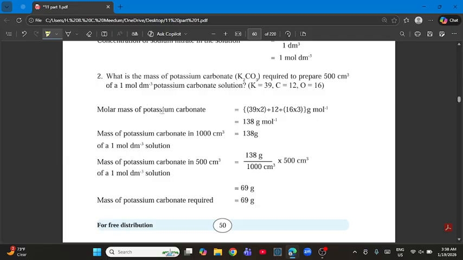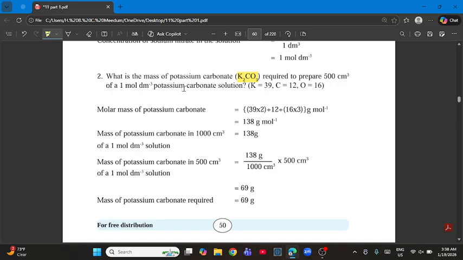What is the mass of potassium carbonate K2CO3 required to prepare 500 of 1 mol dm minus 3 potassium carbonate solution? So for 1 liter it should be 1 mole, but now we are going to prepare 500. That means half of 1 liter.